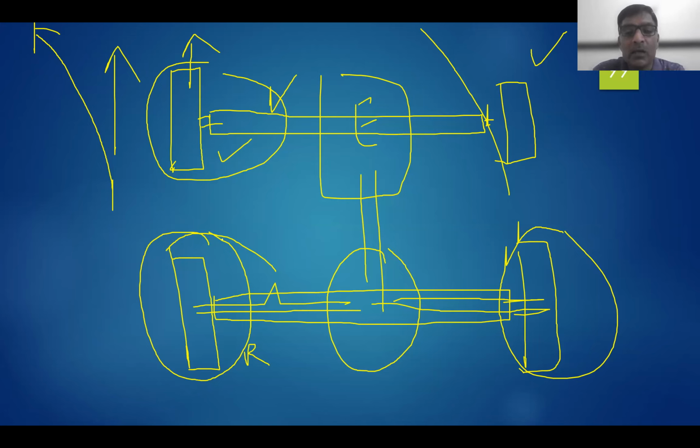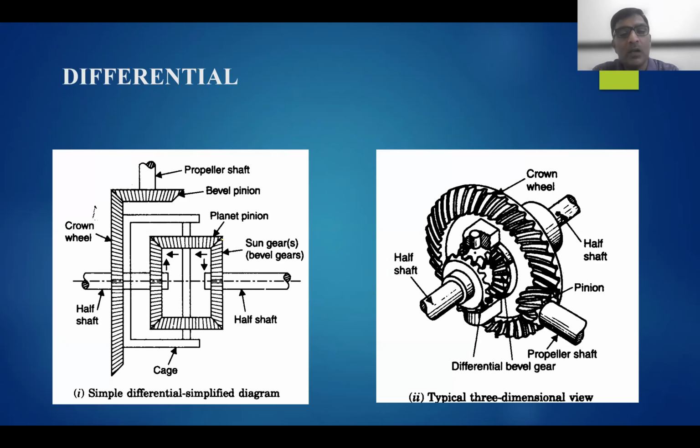For that, we need to provide one such arrangement, and that arrangement we are going to call a differential. So for that reason, the rear axle of the vehicle in which the engine is provided at the front and drive is given at the rear, we need to have two half axles, or in other words, half shafts.